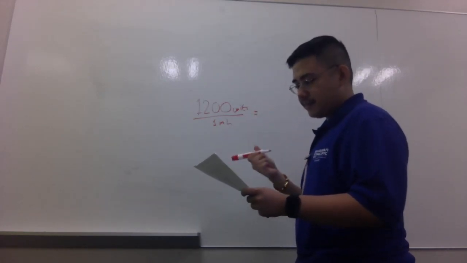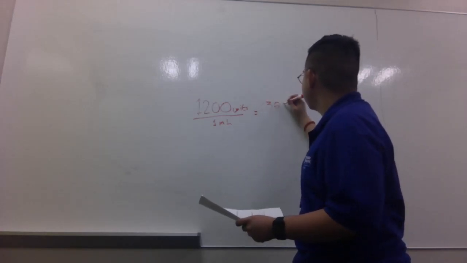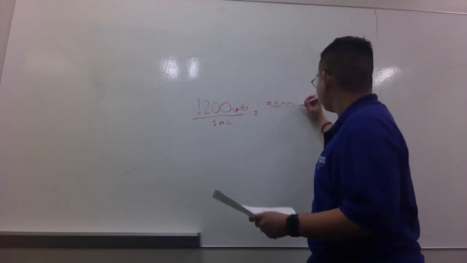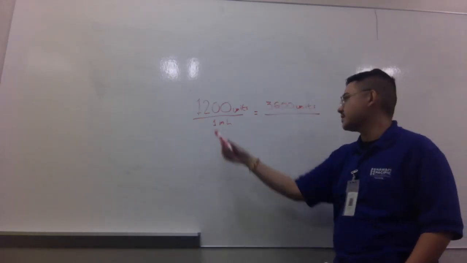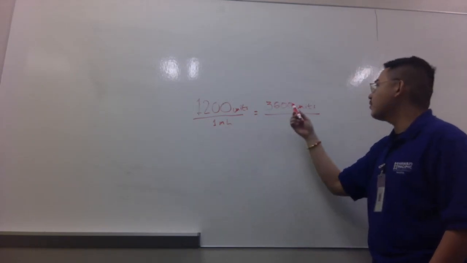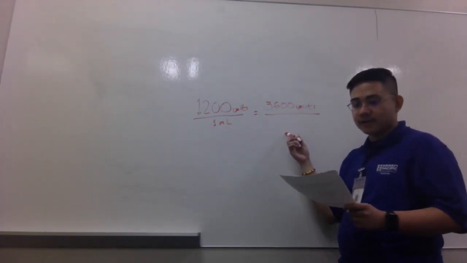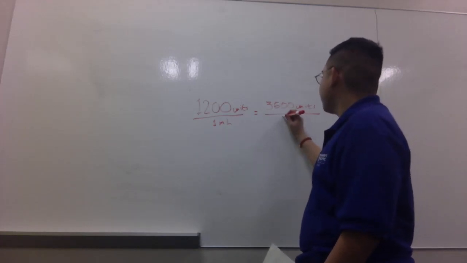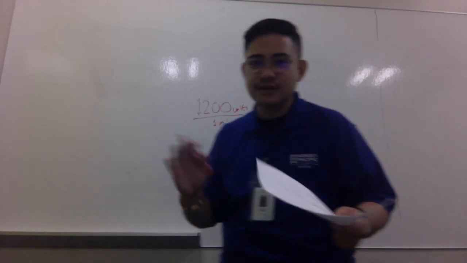And then you have the order of 3,600 units. This is the one that the doctor ordered. Now we just have to find the volume. Again, I'm going to use V. X is okay, but to avoid confusion, you can use V as well, because ml is volume.